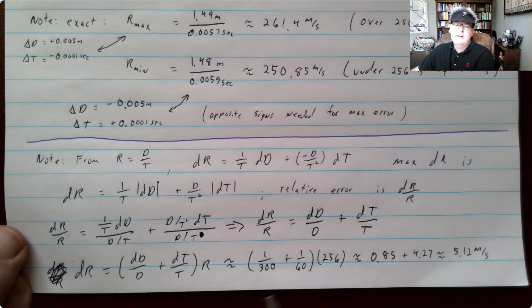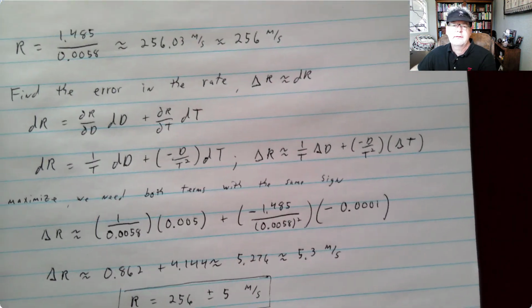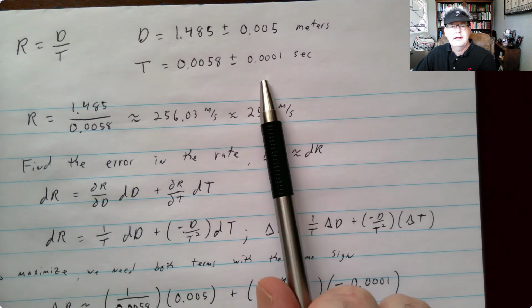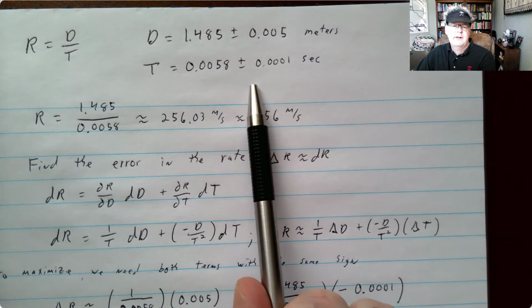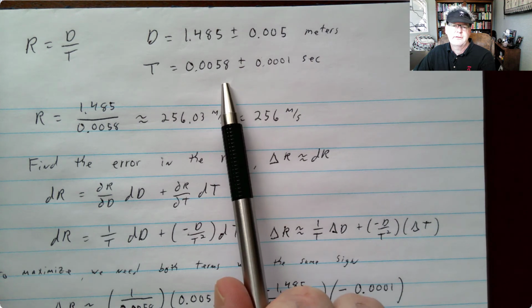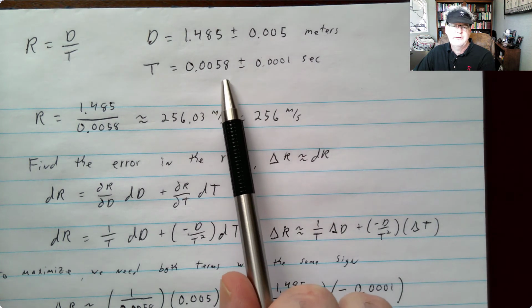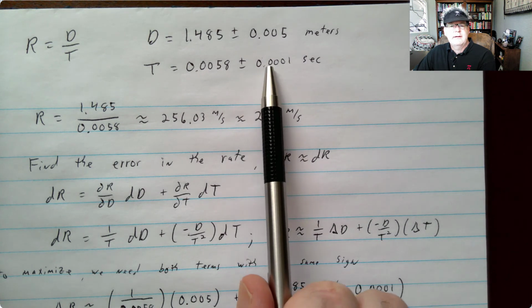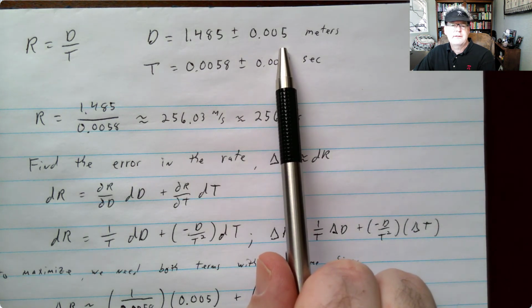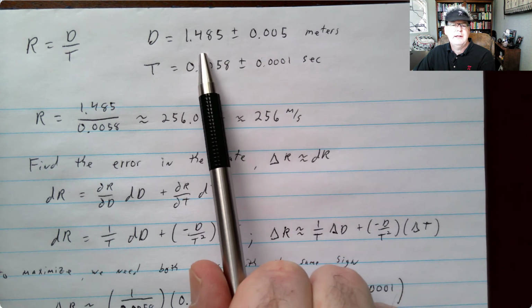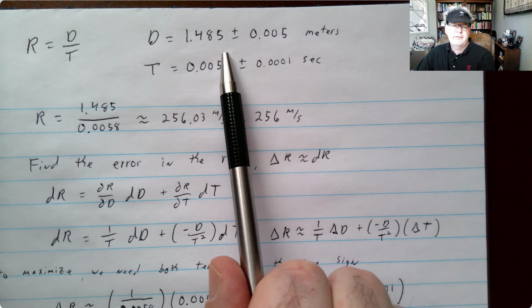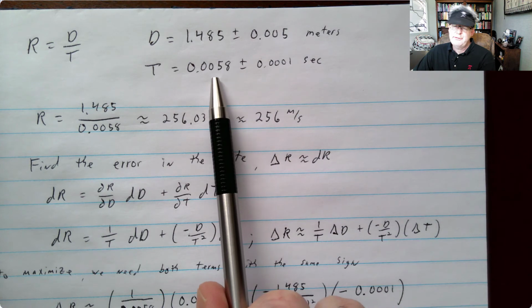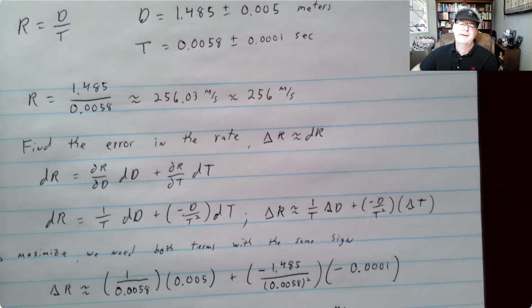And then the way he thinks about things, the relative uncertainty in time is about 1 over 60, right? 58 is about 60. And the uncertainty in distance is about 5 over roughly 1,500, or 1 over 300. So you have a 1 over 300 relative error and a 1 over 60 relative error. Now he throws away the 1 over 300 relative error.